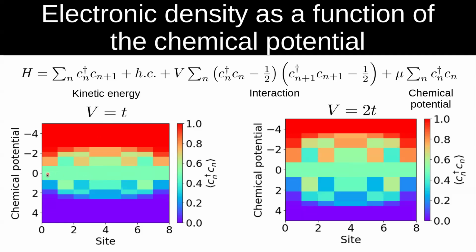So if we start first at zero chemical potential, every single site is half-filled. And as we increase the chemical potential, we see that at a certain chemical potential, we get an additional electron that goes to some single particle state or something that looks like a single particle state. And then if we keep increasing the chemical potential, we get more and more electrons, and eventually it saturates.